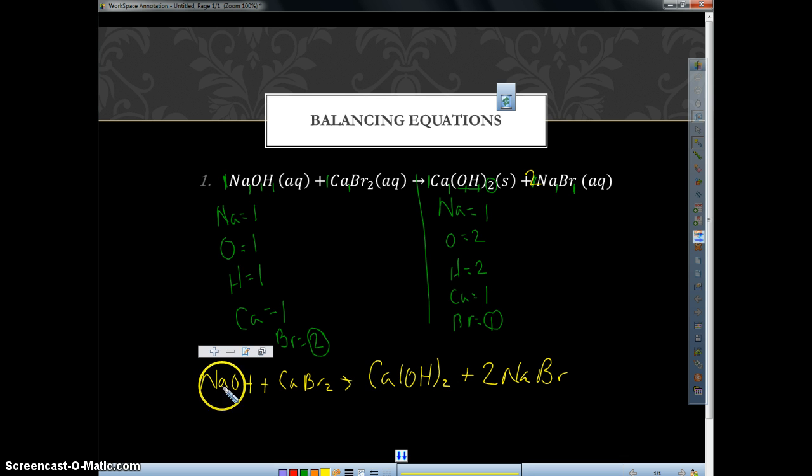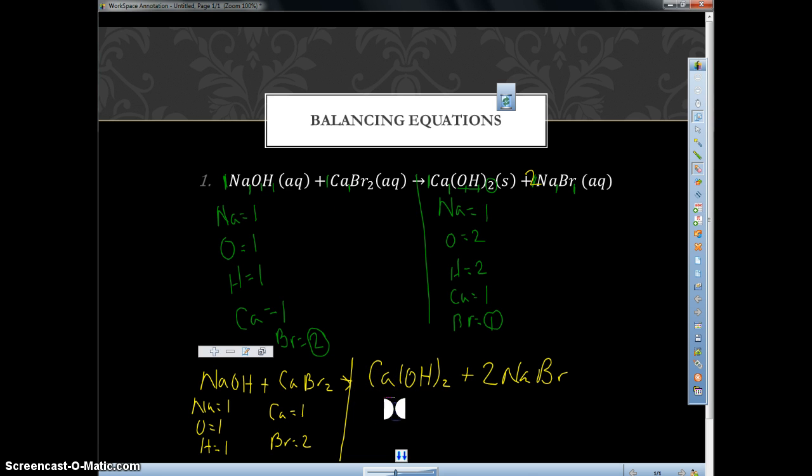Okay, so let's go ahead and tally up again. Now on the reactant side, I didn't put in any new coefficients, so all of these will remain the same for now. But on the product side, I changed some stuff. So the first thing I want to look at is where I put my coefficient. I listed sodium first on this side, so I'm going to try to list everything in the same order.